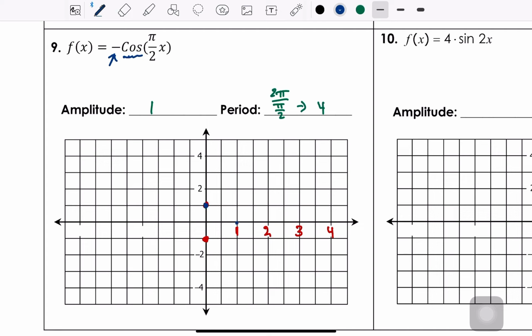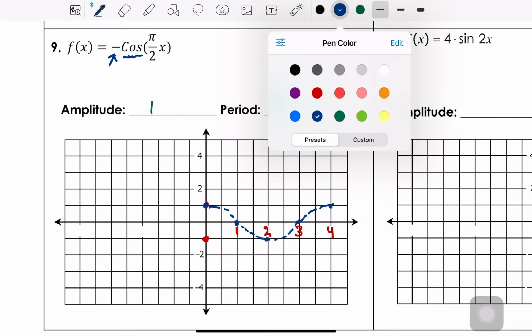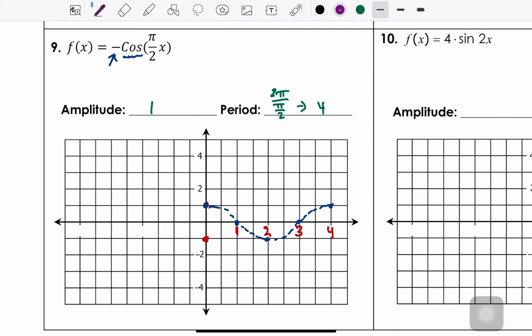We're going to mark it as we normally do, okay? But this time it's going to be dashed, because this is kind of like a reference graph for me. I want to get the fact that this is going to be reflected over the x-axis, right?